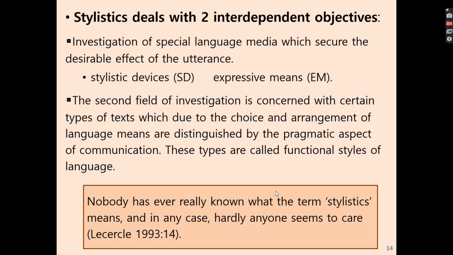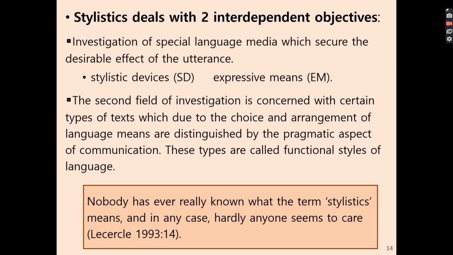Nobody has ever really known what the term stylistics means, and in any case, hardly anyone seems to care. This is according to Crystal in 1993, and in fact, he also mentioned that stylistics in the 20th century may just fall, or he sees it as ailing, meaning it may not survive, and it may just fade and become an obsolete sub-discipline of linguistics.